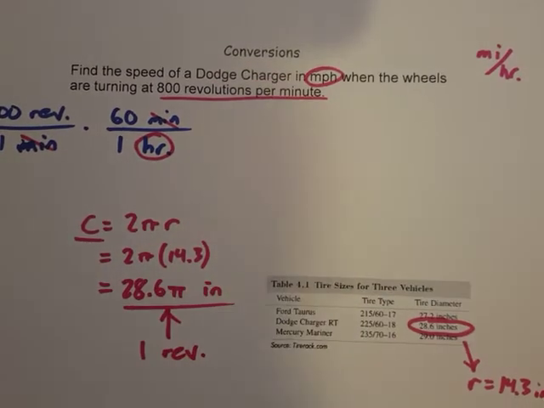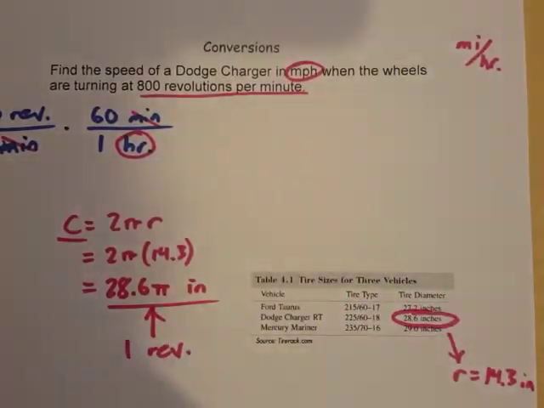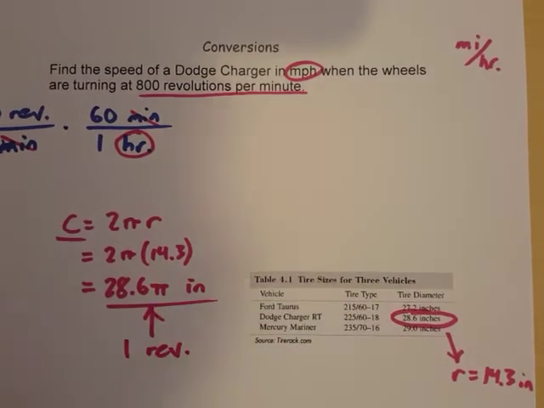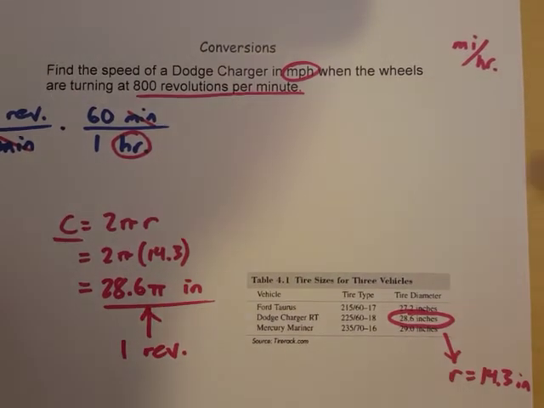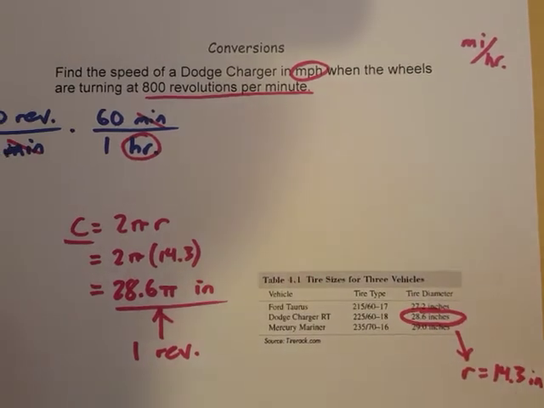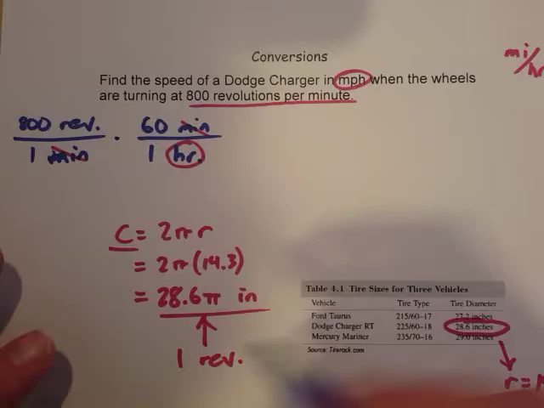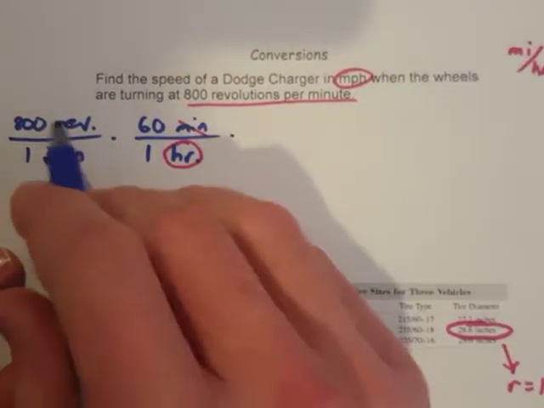And I think if you do this as a side problem, it makes the overall conversion much easier, and you'll see why in a minute. I would recommend leaving pi as pi, and then we'll just crunch the numbers at the very end, because right now we don't have to round it at this point. So we put that in here. We're going to cancel out revolutions.